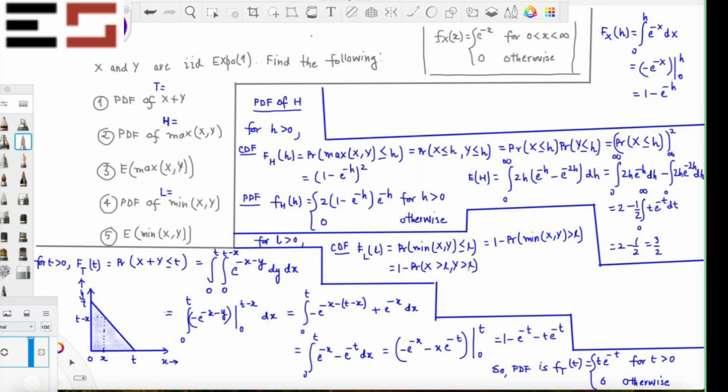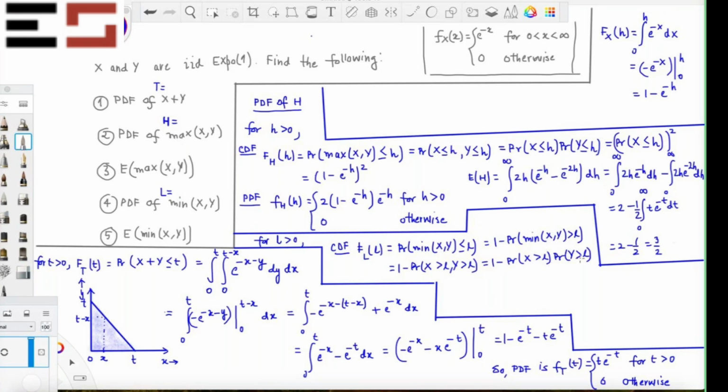Okay, and because these are independent random variables X and Y, we can also write this as a product.